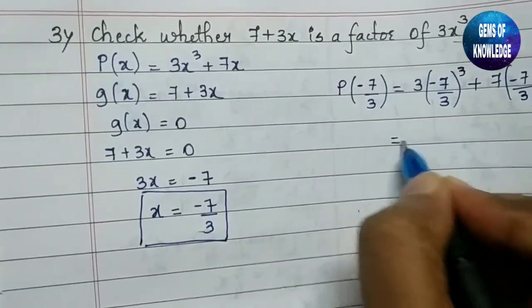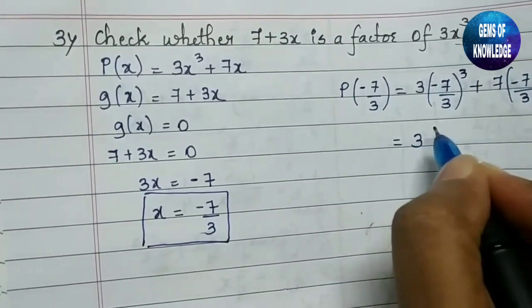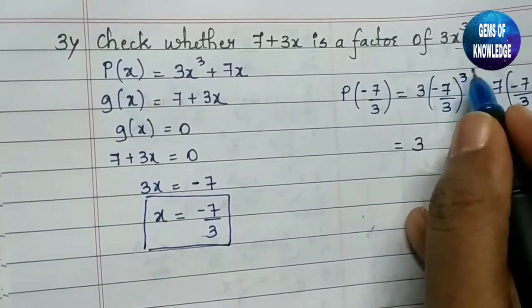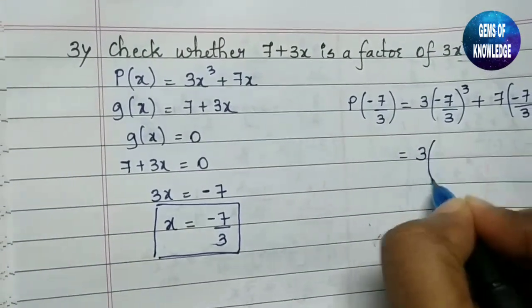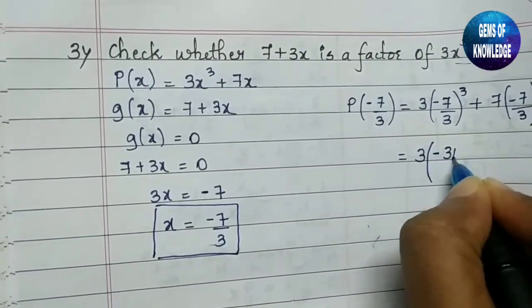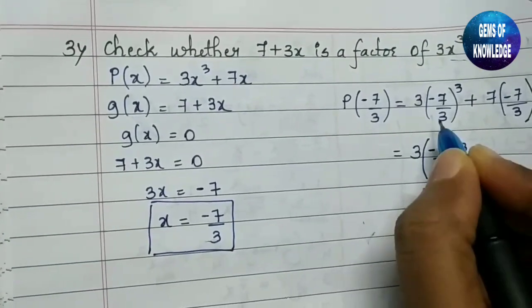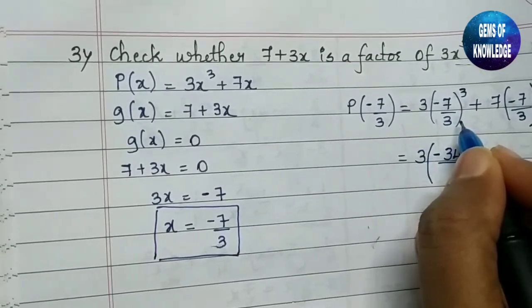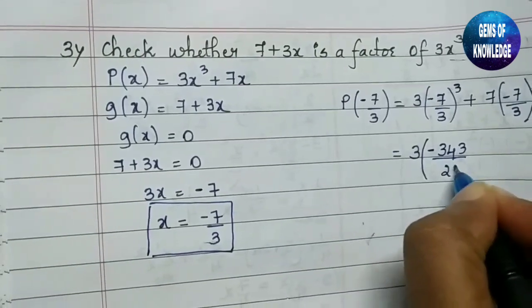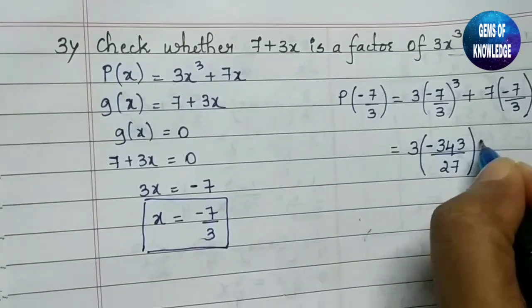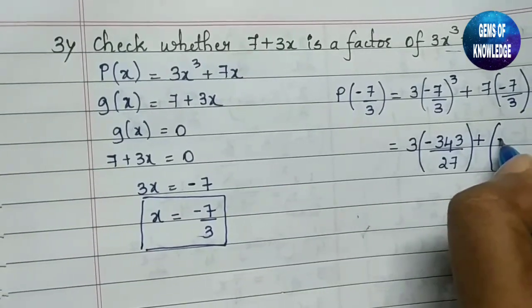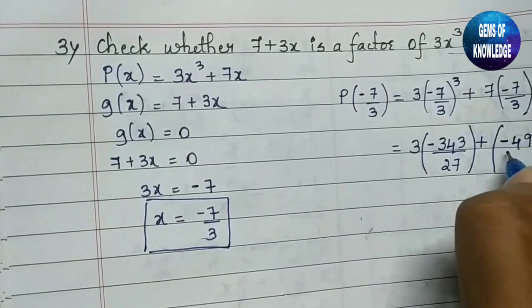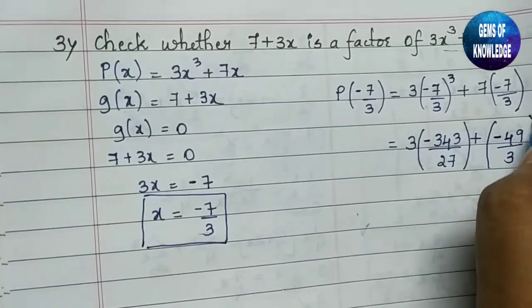So here we are getting 3 will be as it is, 7 into 7 into 7: 7 sevens are 49, and 49 into 7 we are getting minus 343, divided by 3 3s are 9, 9 3s are 27. Plus 7 sevens are 49, minus will be as it is, 49 divided by this 3.